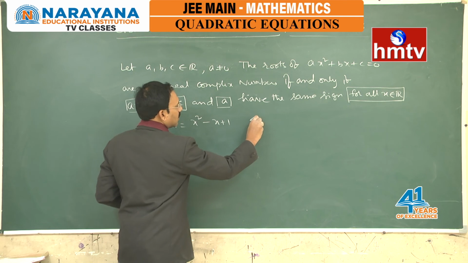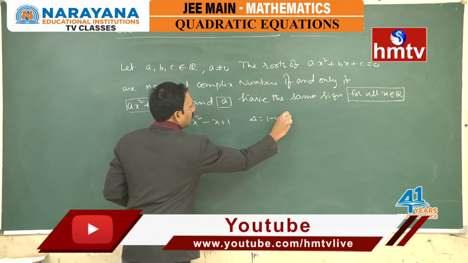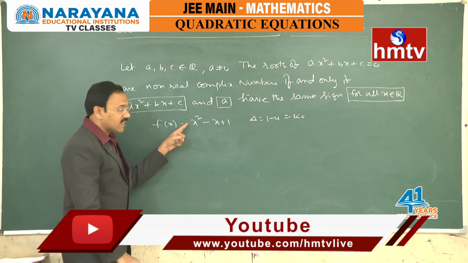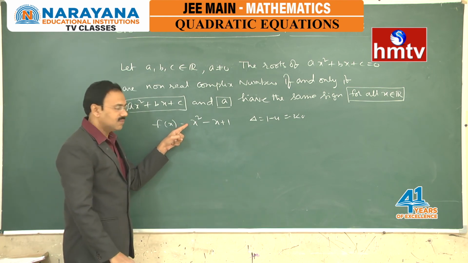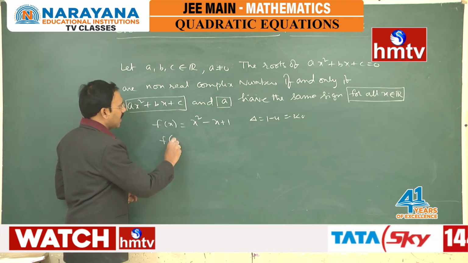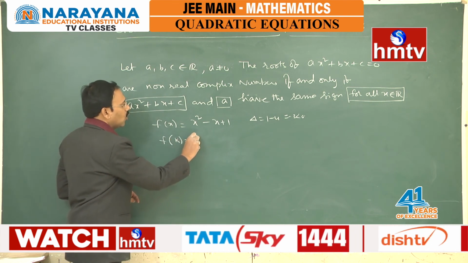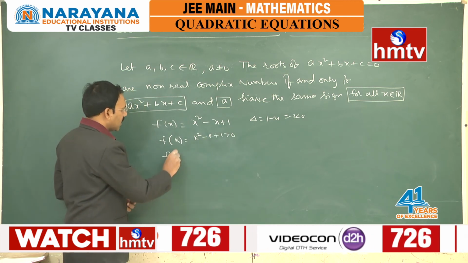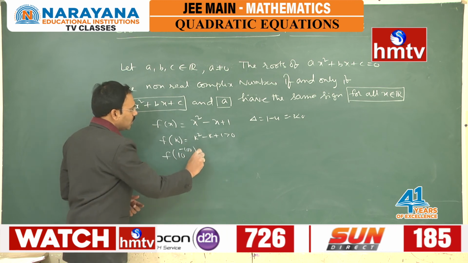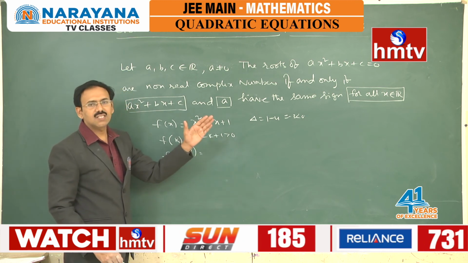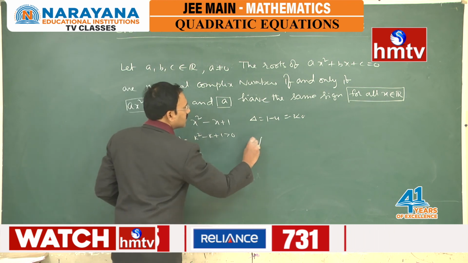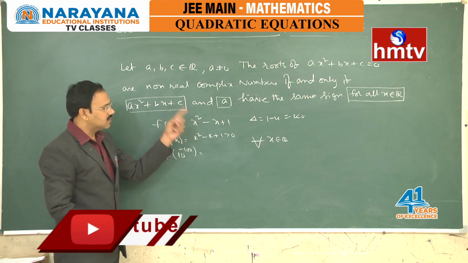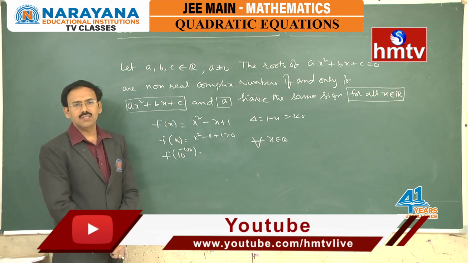For this expression, delta is negative. Since the x square coefficient is positive, f of any real number, say k, the output will be positive itself, you need not compute. If you take f of 10 power minus 100, you need not compute, you can say that this is positive. For all x belongs to R, this expression is going to be positive.